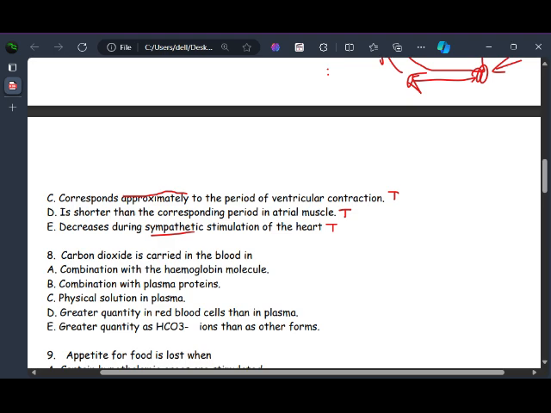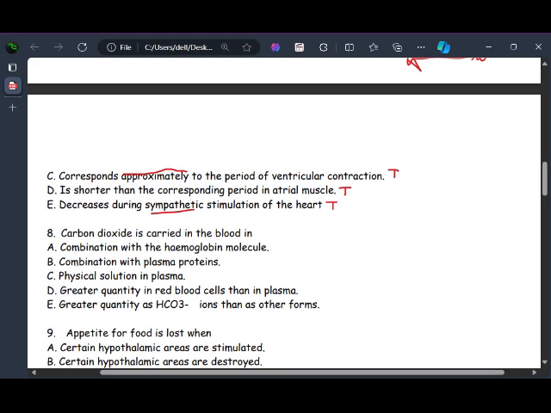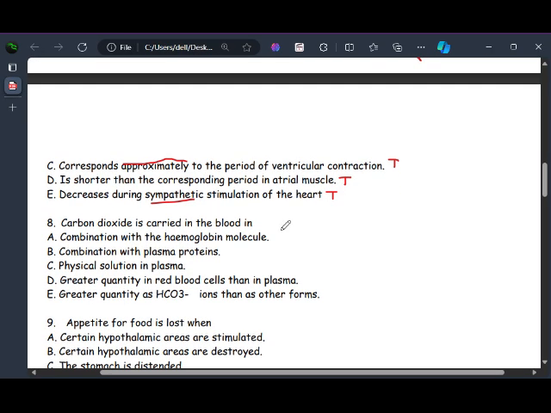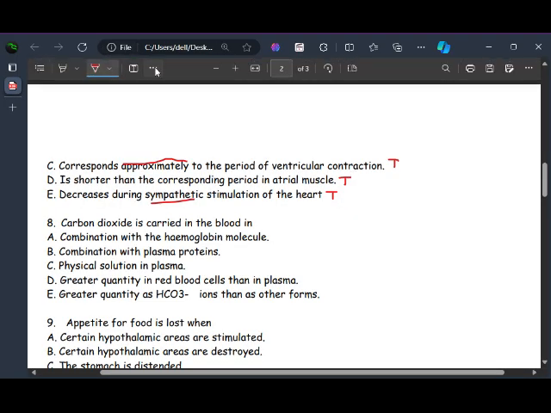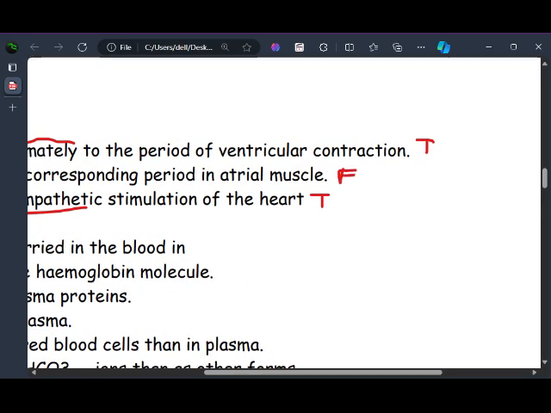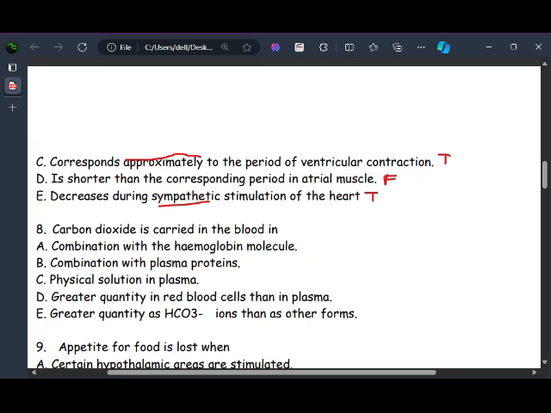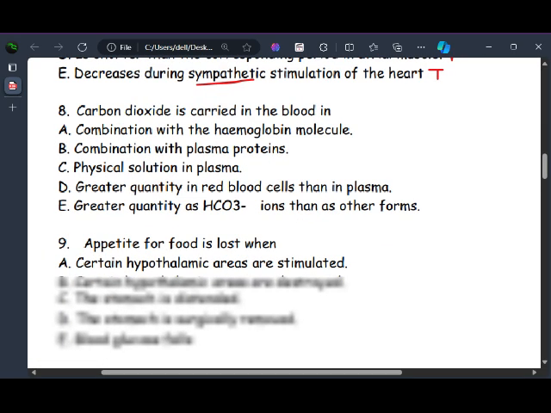So in that absolute refractory period, you have to reduce it so that you're able to excite your heart and make it beat faster in that particular manner. All right, so that is true. I actually wrote true here instead of false.